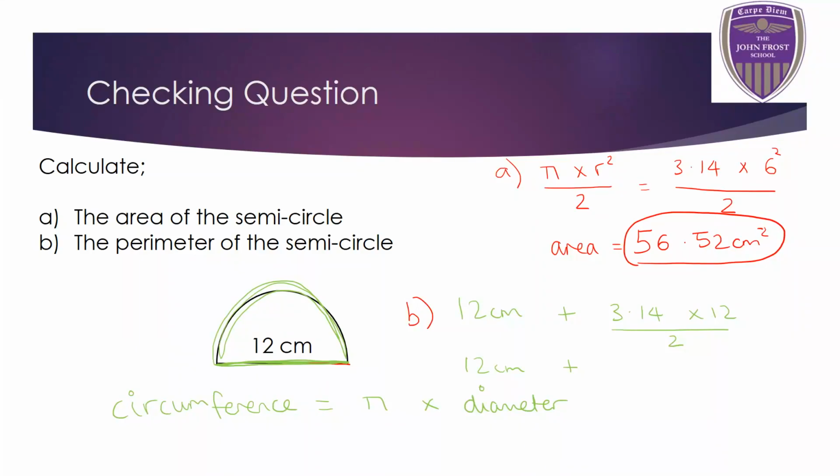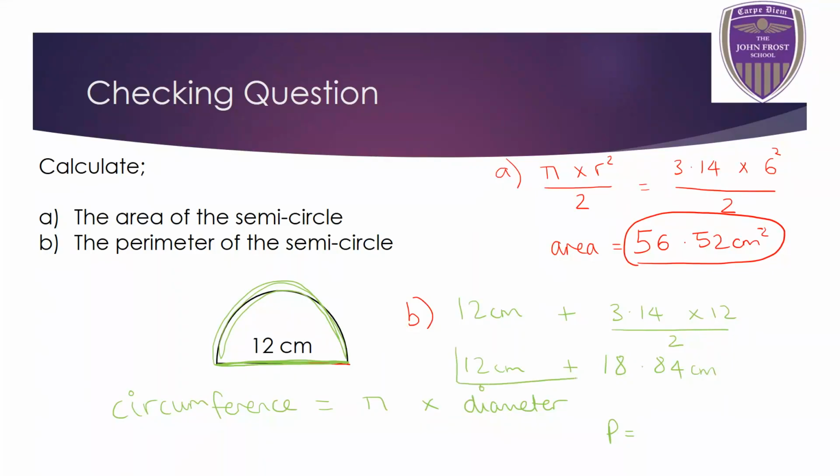So 3.14 times 12 divided by 2 should be 18.84 centimeters.